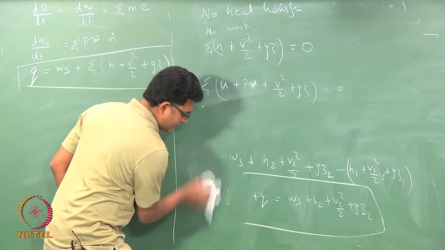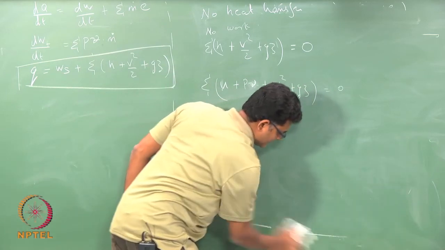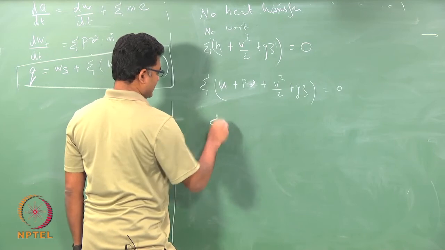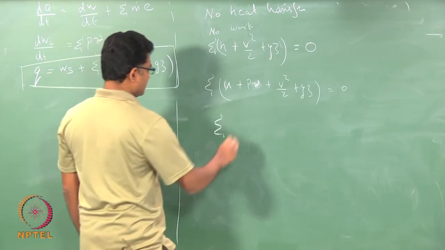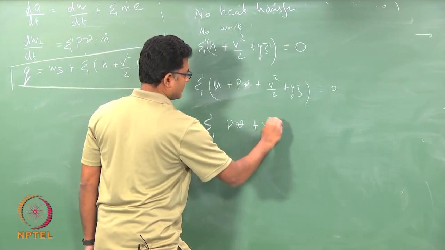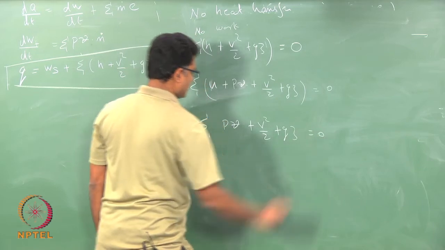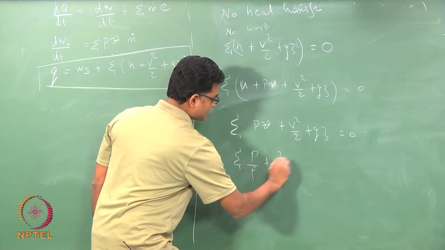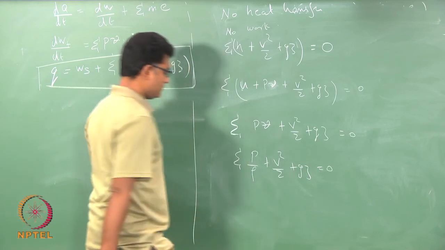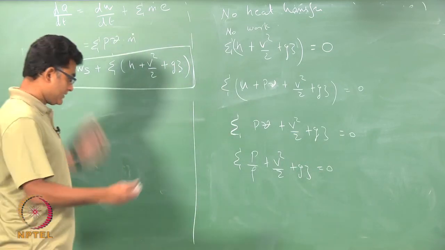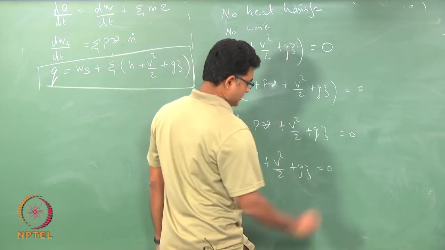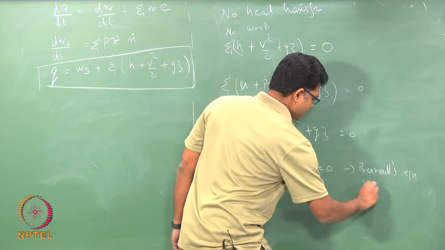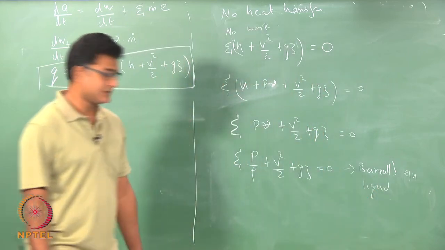Now, if I consider there is no change in internal energy, as in the case of a liquid flow, I can write this, which is P by rho plus V square by 2 plus g Z equals 0, which is your Bernoulli's equation for liquids, or when there is no internal energy change.